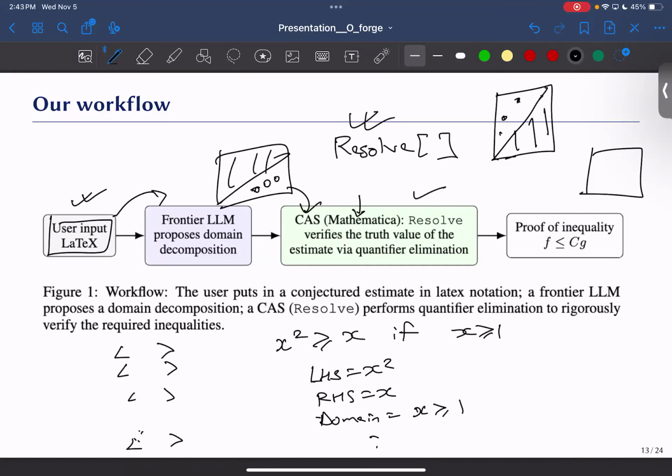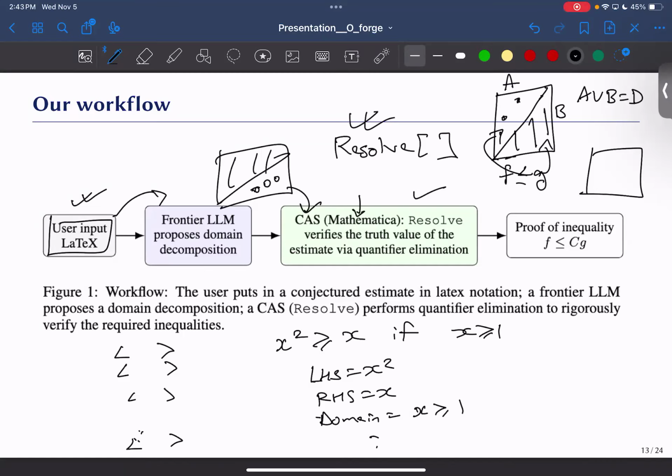So what I'm trying to say is, for example, if this domain is decomposed into two parts, A and B, and let's assume A union B is the entire domain, and Mathematica is able to prove that the inequality F is less than or equal to G is true in both A and B, then it does imply that the inequality is true in the entire domain. Yeah, but that's a strong assumption, right?